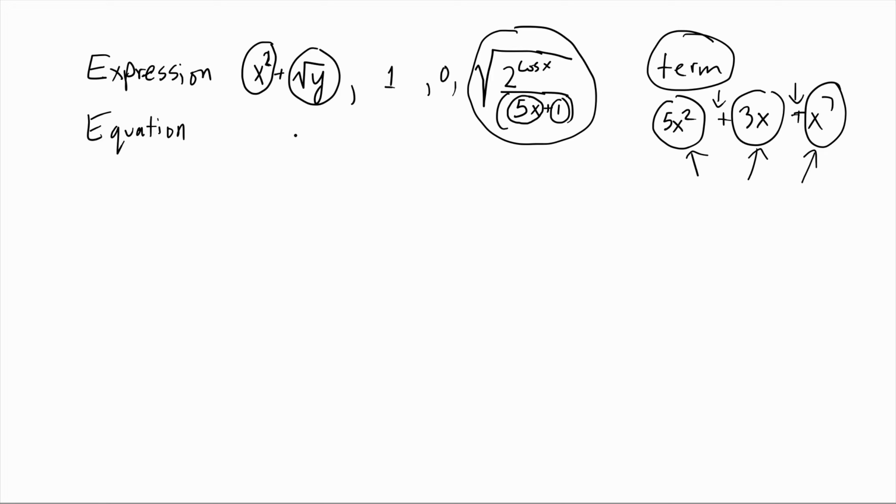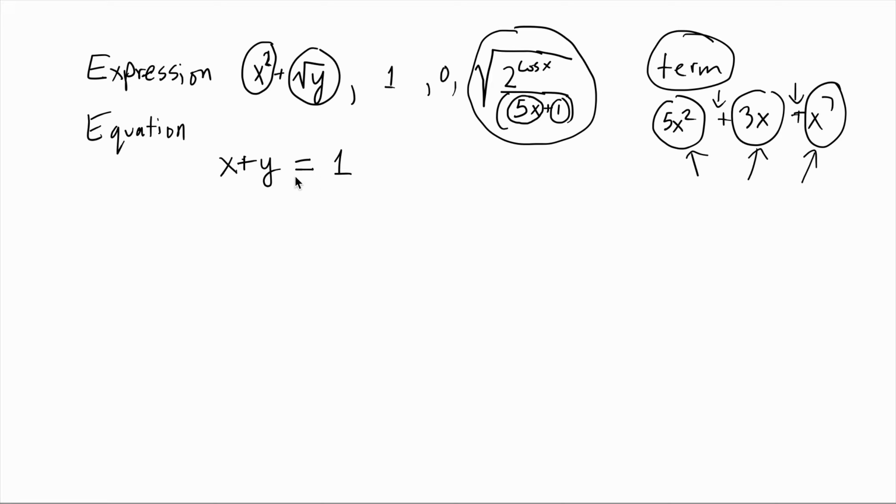Now, an equation is something that has an equal sign in it. You're relating two expressions together. Now when we're doing that, we could have something like x plus y is equal to 1. This is an equation. Some equations are less restrictive than others. And what do they even mean?